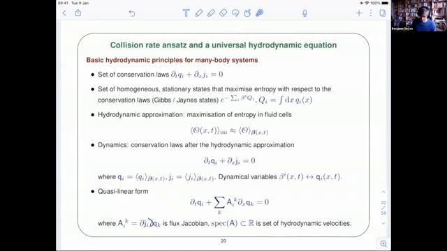And this flux Jacobian has a very interesting physical meaning because its spectrum is real, according to general statistical mechanics principles. It can be shown from statistical mechanics that this should be real. And it is identified with the set of hydrodynamic velocities which are allowed by this many-body system. So if you perturb the system a bit, there's a kind of sound wave coming out at different velocities. And these velocities are in the spectrum of this A matrix, the flux Jacobian. So this is the basic hydrodynamics.